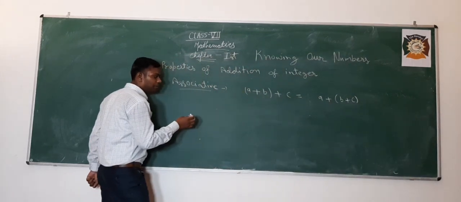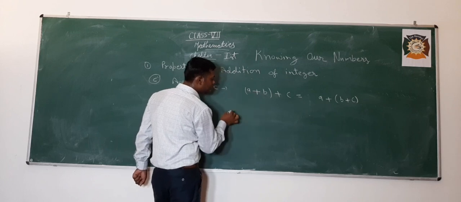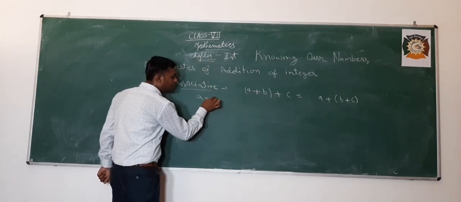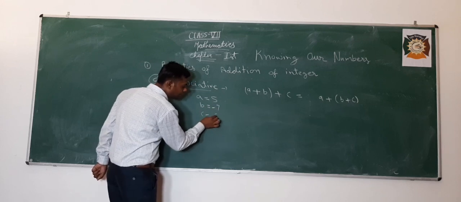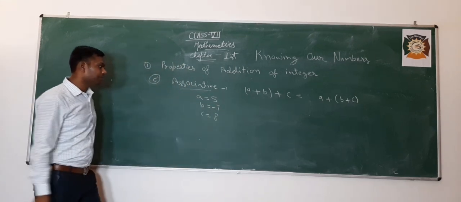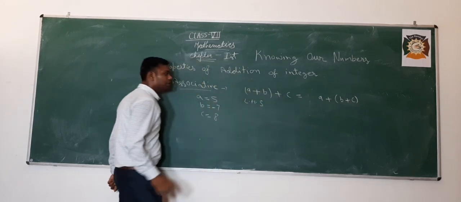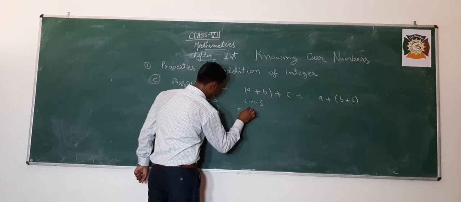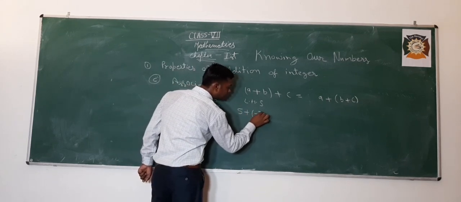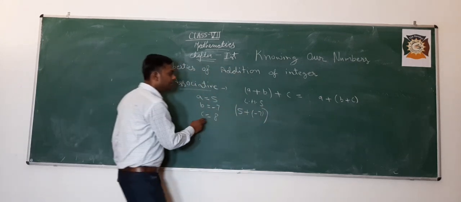Let's consider with an example. Take any three integers. a equal to 5, b equal to -7, and c equal to 8. Then add the left hand side, a plus b plus c. Put a equal to 5 plus b equal to -7, and then plus c.